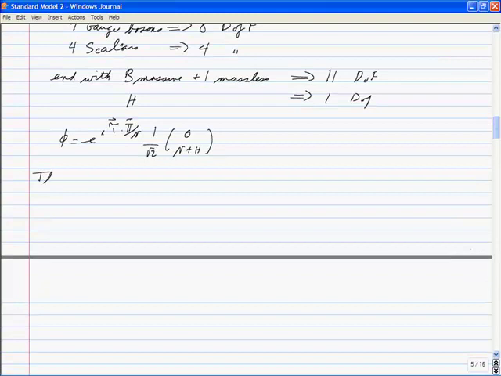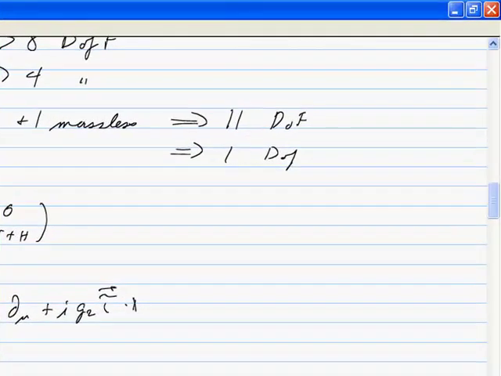Then D mu phi is, well, the derivative can act on the tau dot pi, which just brings it down, so let me do that. E to the I tau dot pi over v, times d mu plus I g2 tau dot W over 2. Let's just keep that piece. Then there's a piece which is I tau dot d mu pi over v.